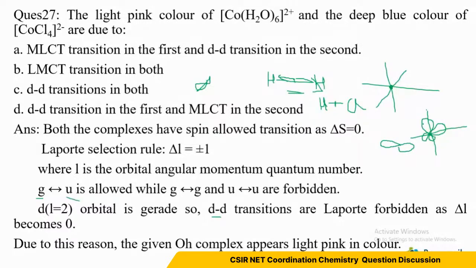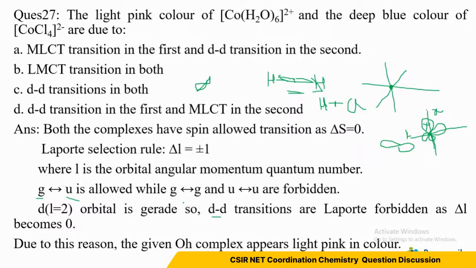Here it is plus. Here also it is plus. So on moving from this point to here, and this point to here, it is the same. And similarly on the y-axis, this is your y-axis, and this is your x-axis, right? On moving from plus to plus, it has a center of symmetry, dx square minus y square. So that is why it is gerade, right?